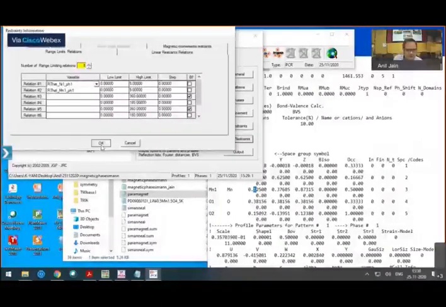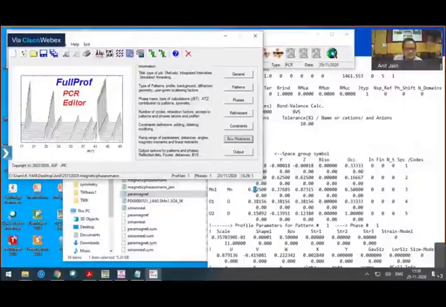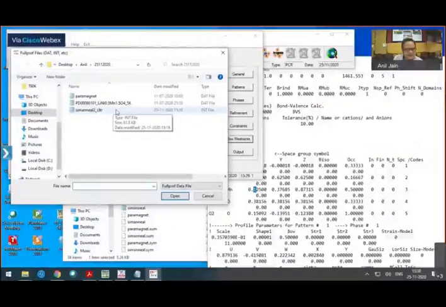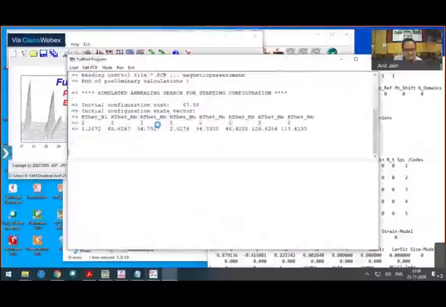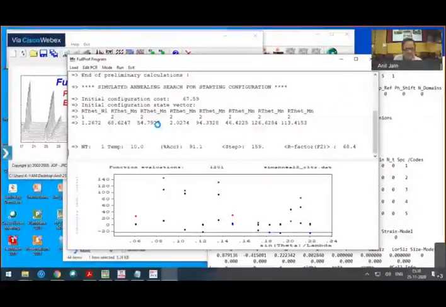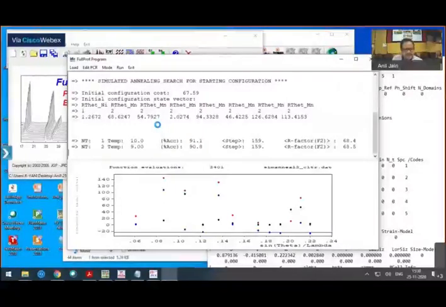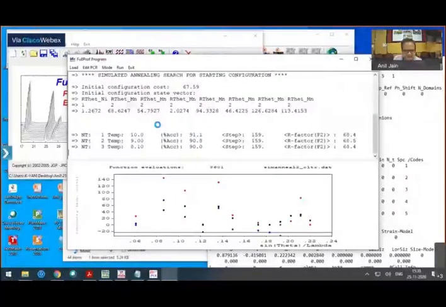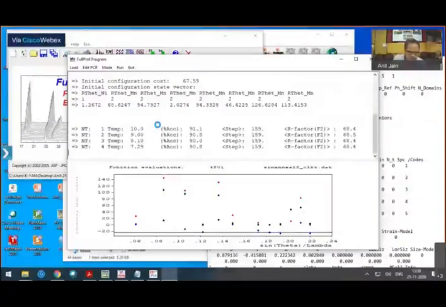So what you do is, after this, I save it. Then this input file is the integrated intensity file. It will try to run this code. It will try to match the integrated intensity which we have calculated with the model which you are putting in.